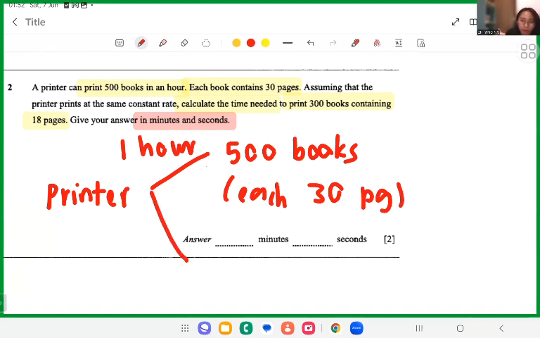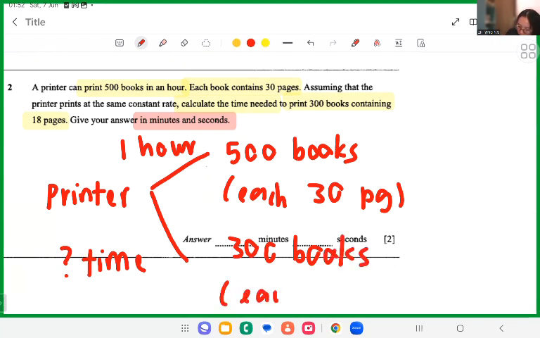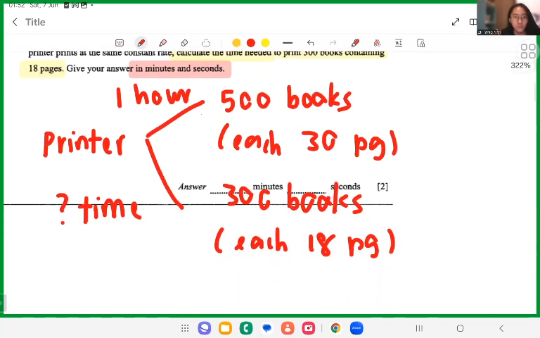And now the question needs us to find the time needed to print 300 books that each contain 18 pages. Okay, now we already understand what the question needs us to do. Next, I will teach you step by step to get the time needed to print the 300 books.